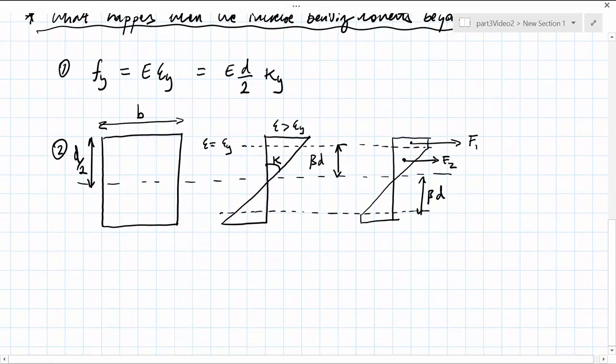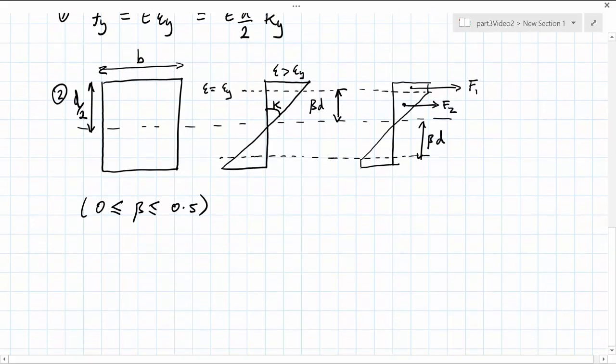The parameter beta is defined as being between 0 and 0.5. When beta is 0, the cross-section is fully plastic. When it's at 0.5, the section is fully elastic.